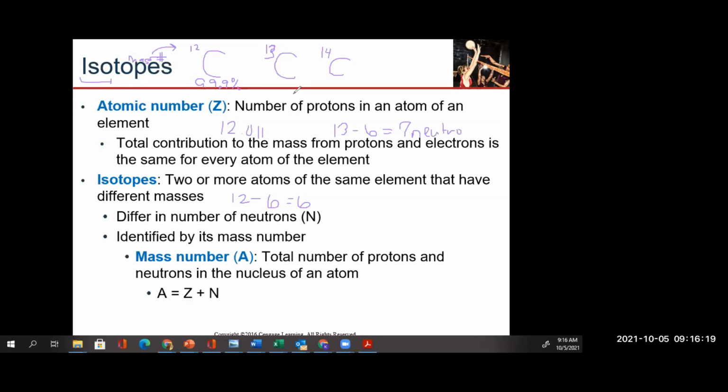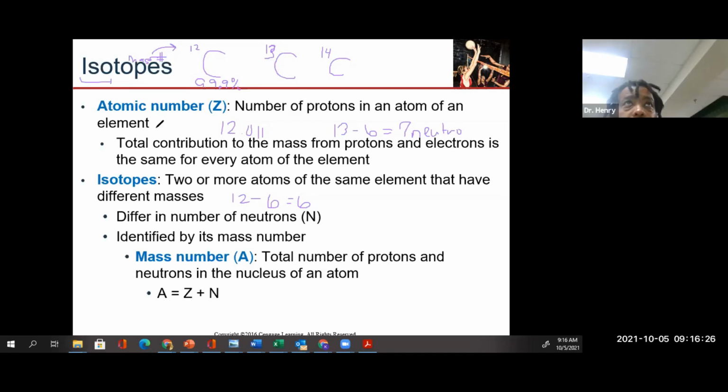What does the number 12.011 mean? So 12.011 is the atomic mass that's on the periodic table. And so when we look at the periodic table, it's all of these isotopes added together, right? So that means that the majority of it is going to be carbon 12.